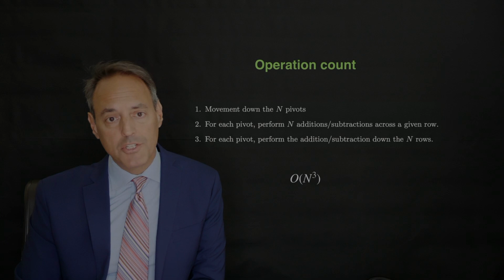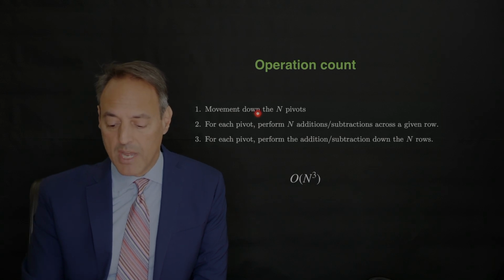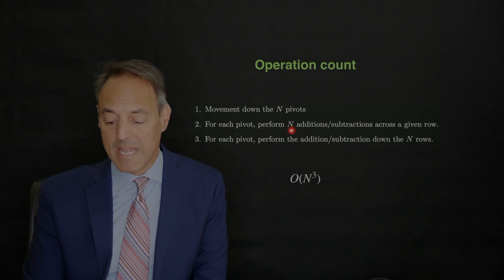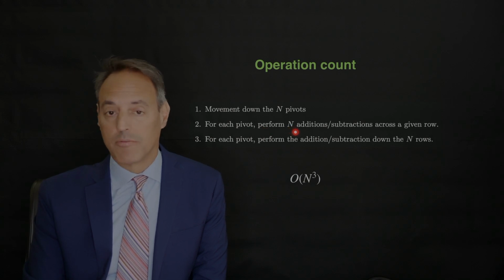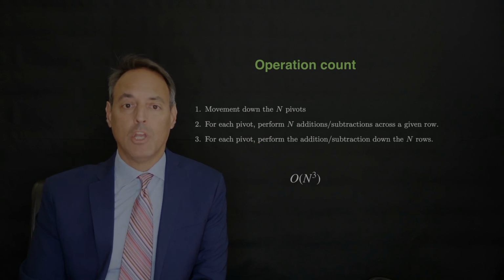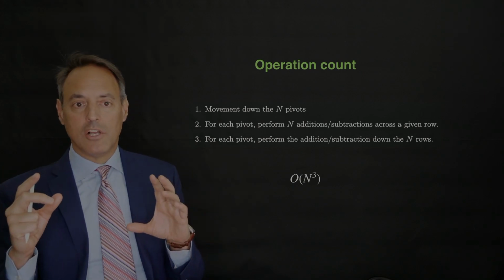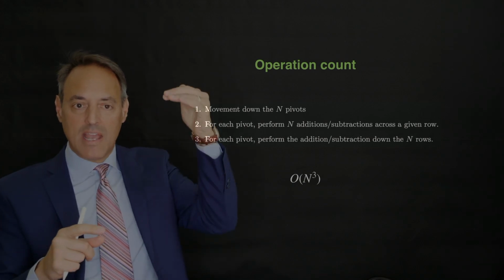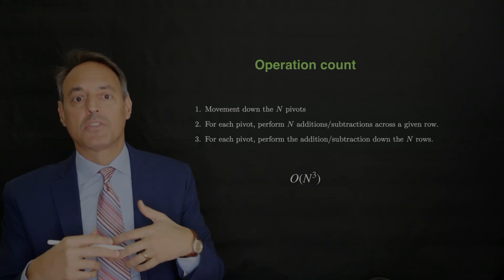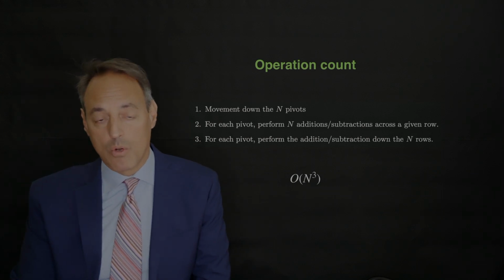So the operation count here is you move down n pivots. For each pivot, you perform n additions or subtractions for a given row, and then you go through all the rows. So essentially, this is an n by n matrix. So that means there's n pivots, n rows, n columns. This scales approximately like order n cubed.